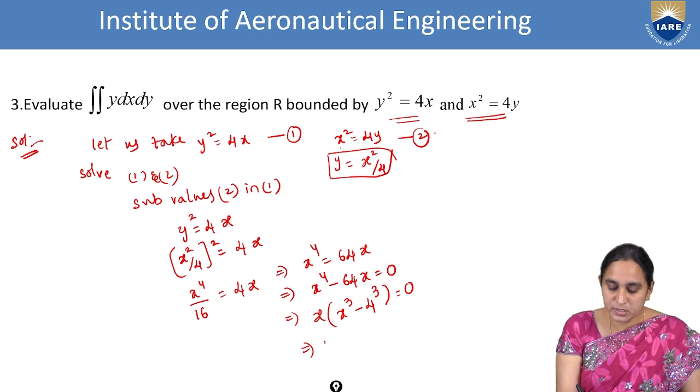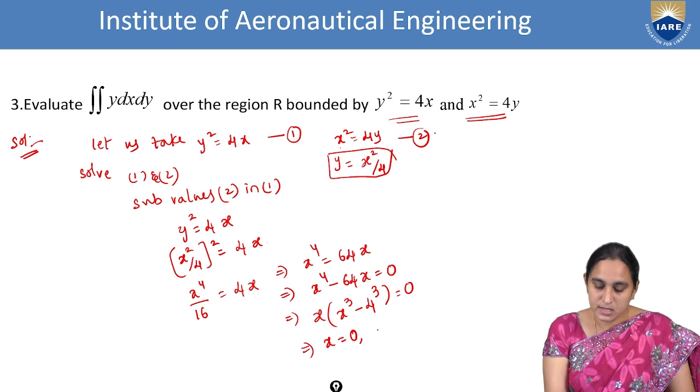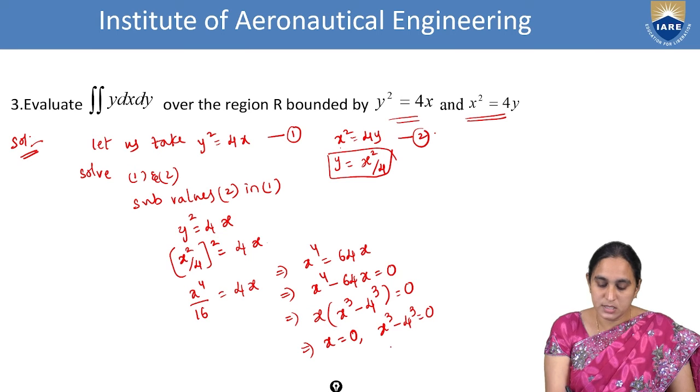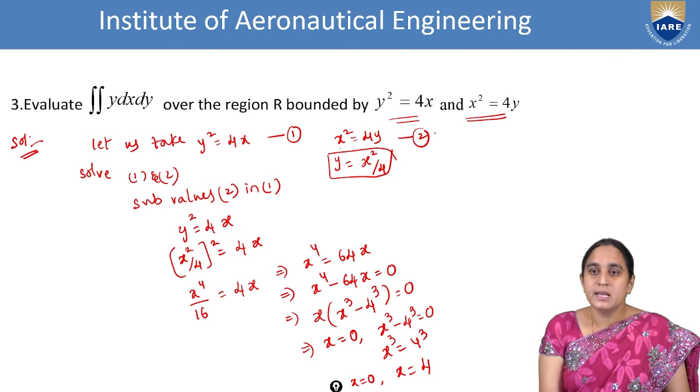Equating both terms to 0, x = 0, and x³ = 4³, so x = 4. Therefore x = 0 and x = 4 are the x points.